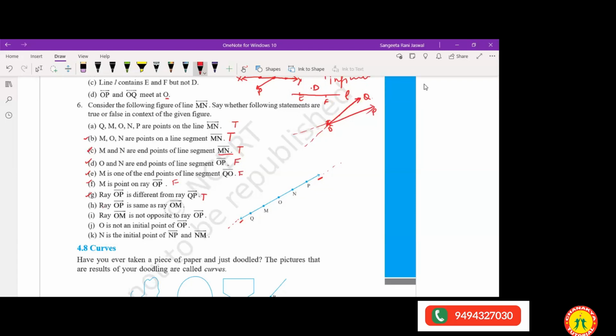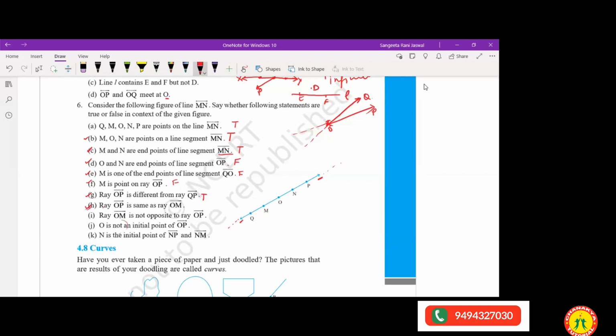Okay, next one. Who was this child? Adrit, that was your turn. Okay, Ashwath, next. Ray OM is not opposite to ray OP. No, this one, H part.